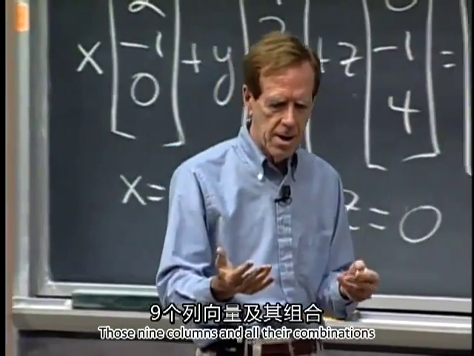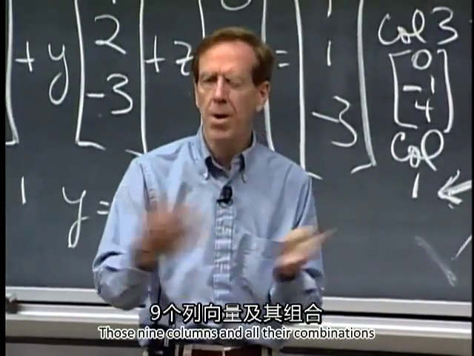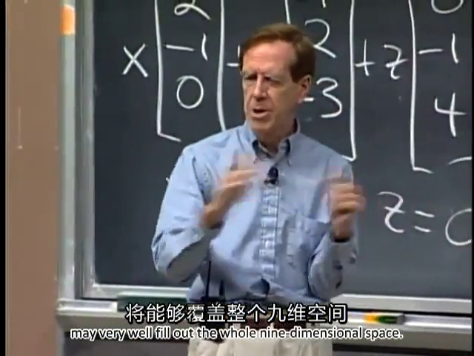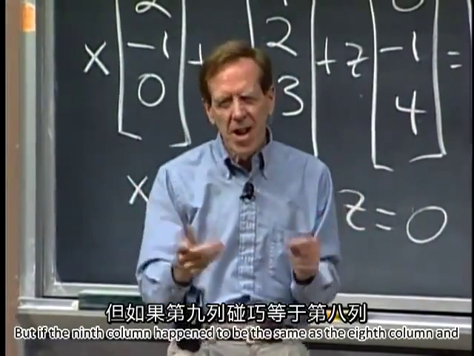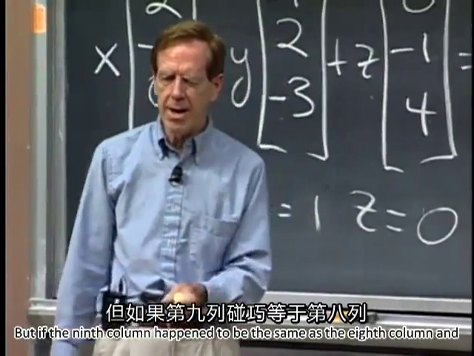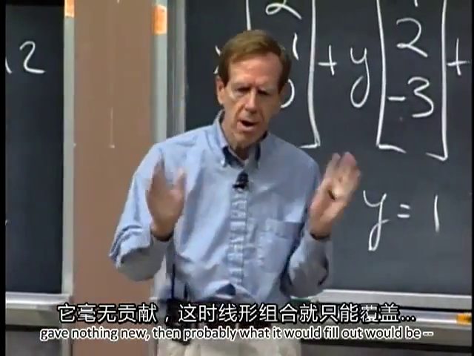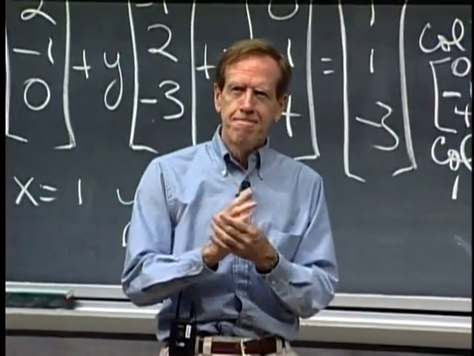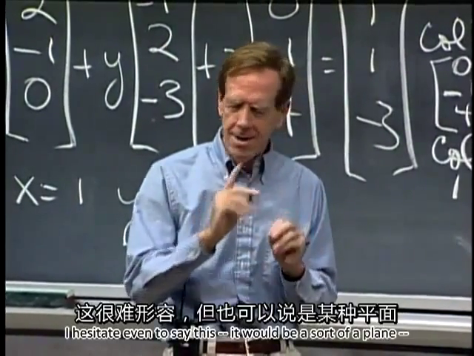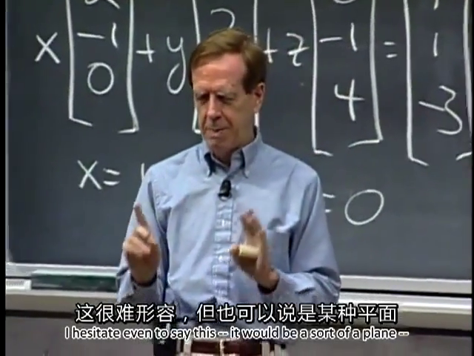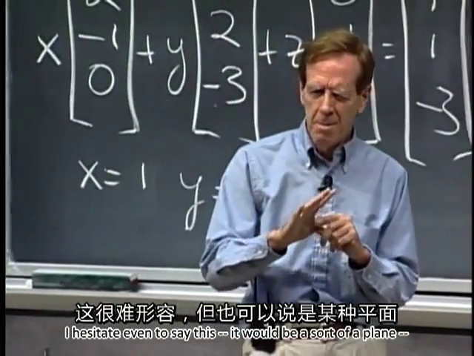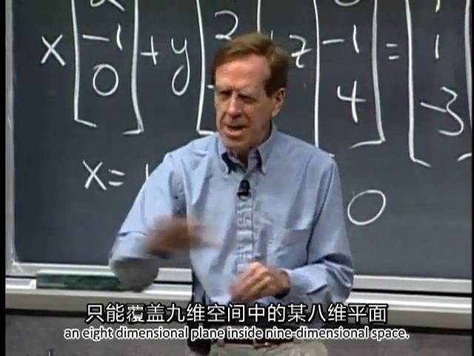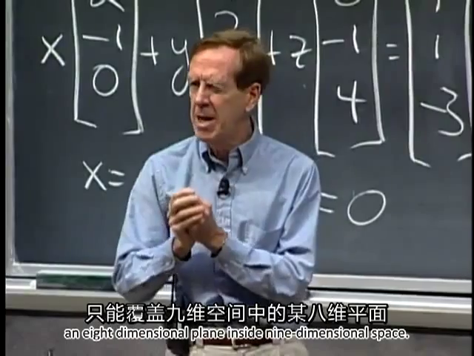You sort of think you can after a while. Those 9 columns and all their combinations may very well fill out the whole 9-dimensional space. But if the 9th column happened to be the same as the 8th column and gave nothing new, then probably what it would fill out would be, I hesitate even to say this, a sort of plane, an 8-dimensional plane inside 9-dimensional space.